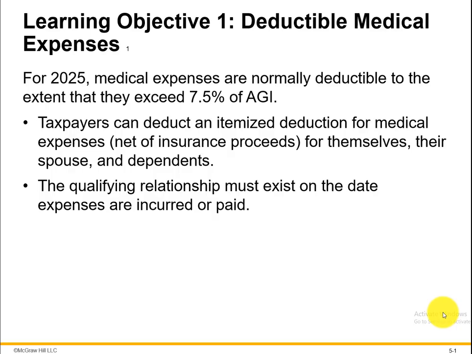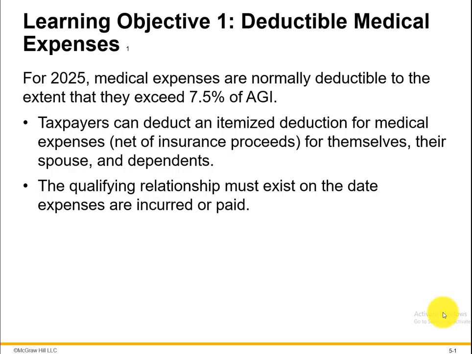The first one you'll come across is medical and dental expenses. Then we'll do taxes and interest in this first video, and in the second one, we'll do charity and casualty losses and some others.